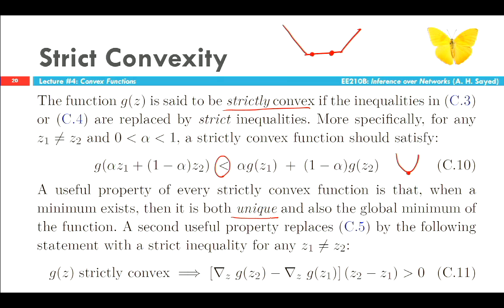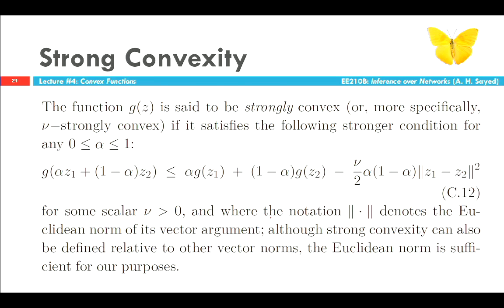I'm introducing the definitions. So when I move from convexity to strict convexity, I now ensure that the global minimum is unique. That's something good for us. But now I'm going to go a step further and talk about strongly convex functions. So what is strong convexity? It's a stronger notion than strict convexity, otherwise you wouldn't use the name strong.